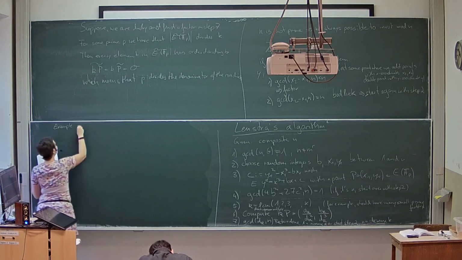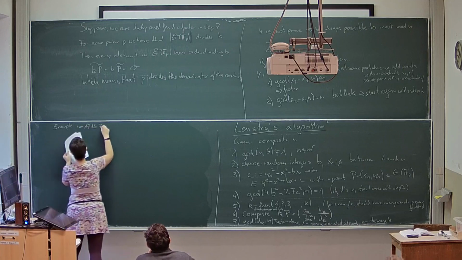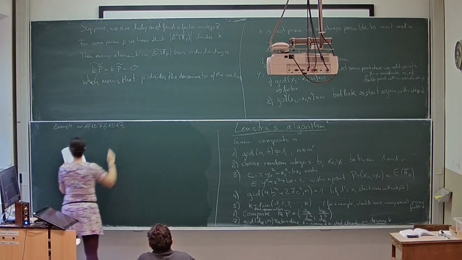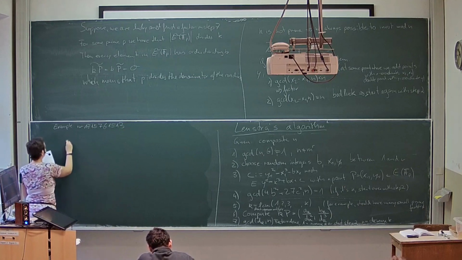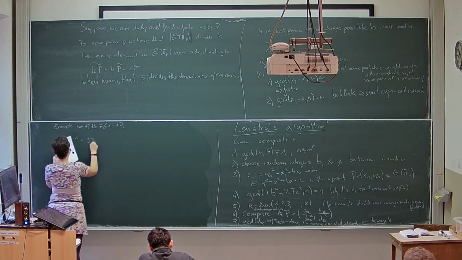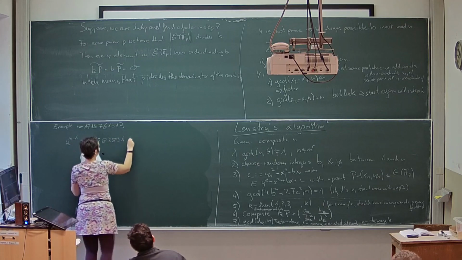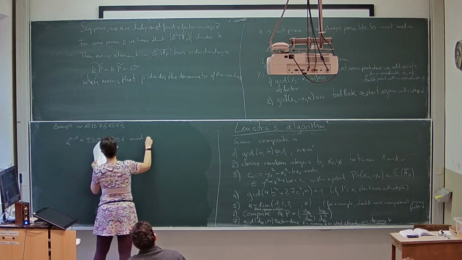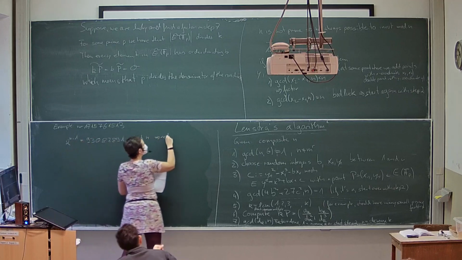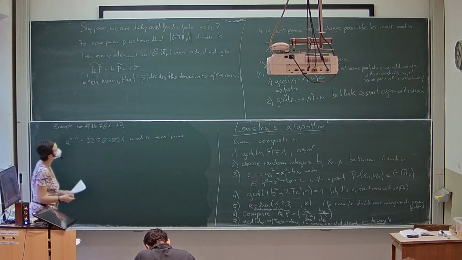The example: n = 17157 6153. Okay, so we find that this is true, so it's not a prime number, and it makes sense to look for prime factors.